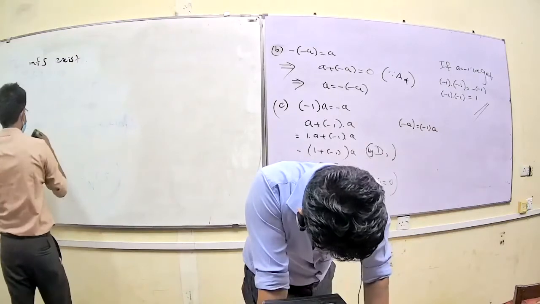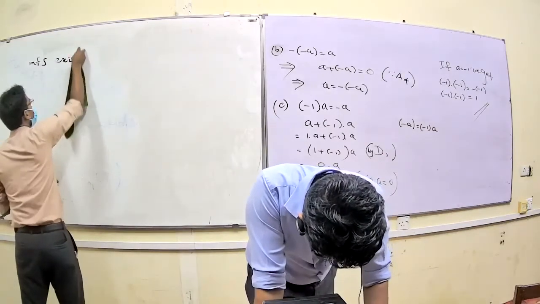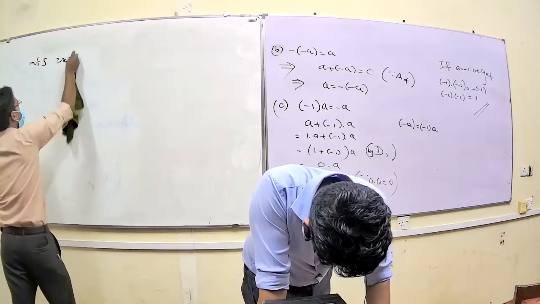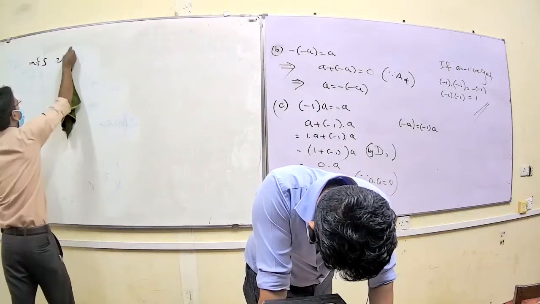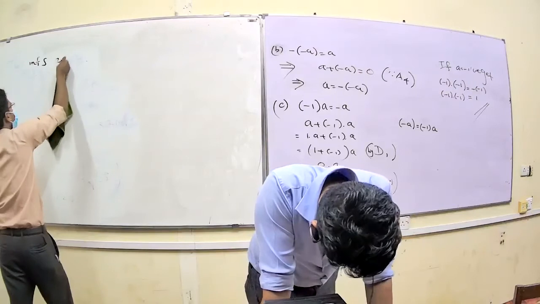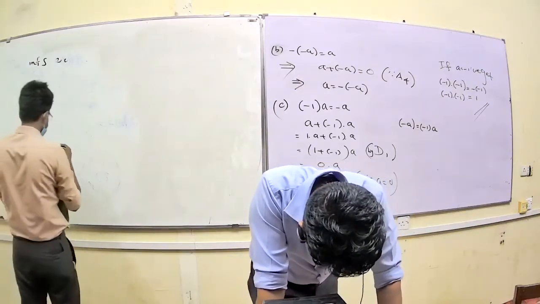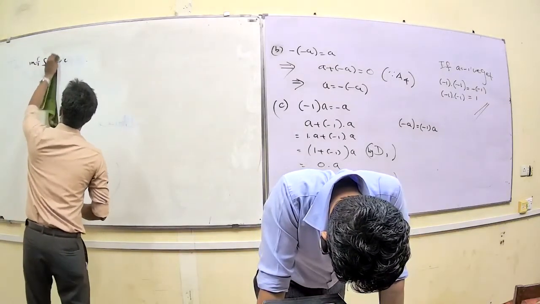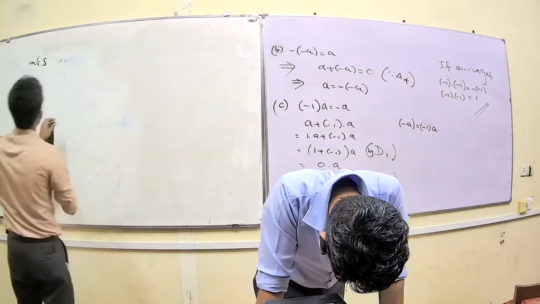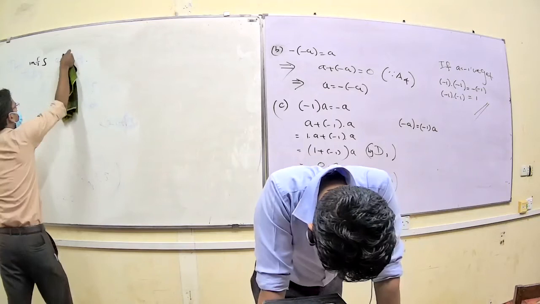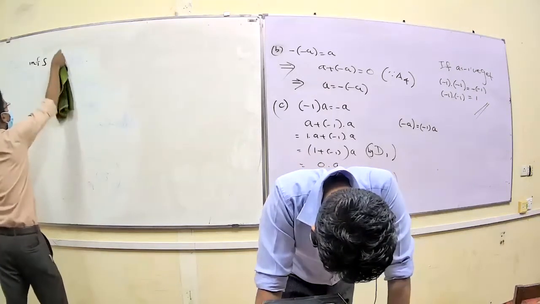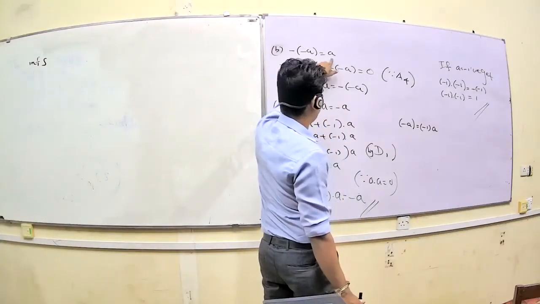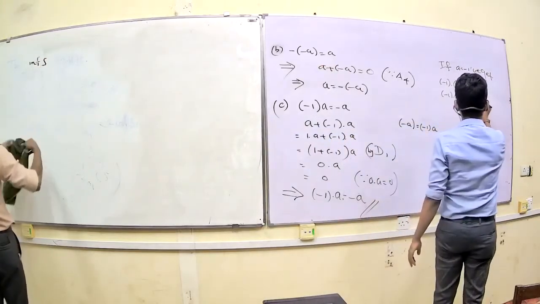Is it okay? Minus 1 into minus 1 is 1, because you all know that minus into minus a becomes a, no. Therefore, here minus into minus 1 should be 1.